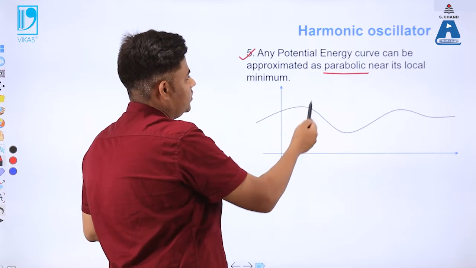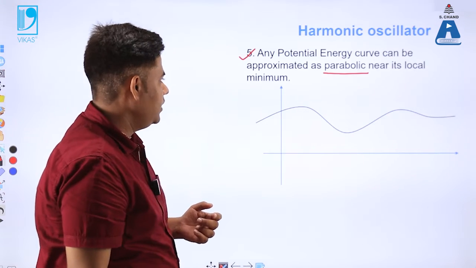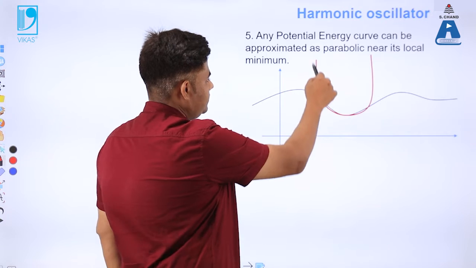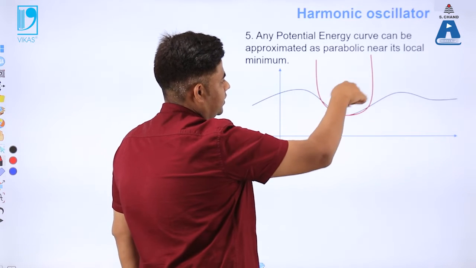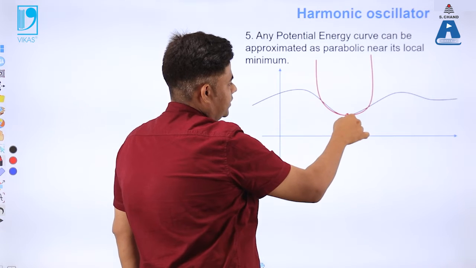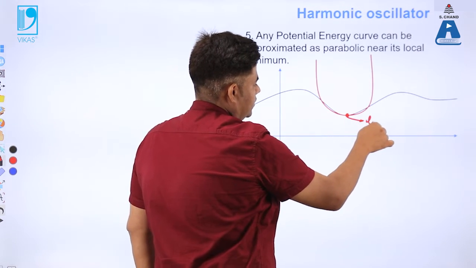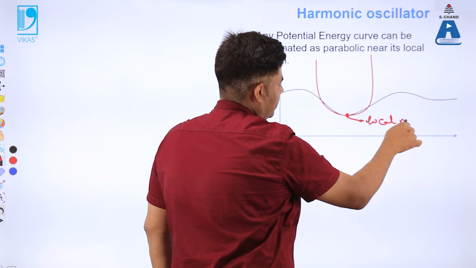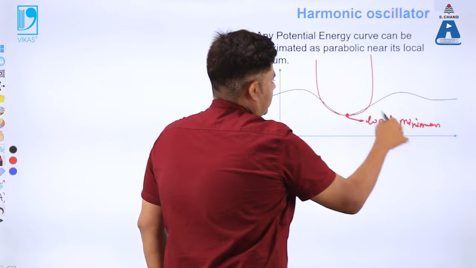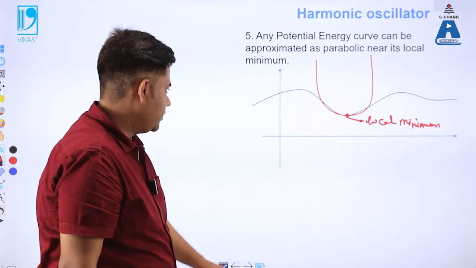I want to find out the potential energy, and that potential energy can be approximated near the local minima of the system. So what is this local minima of the system? If we approximate a curve and after approximation I get this point, that point is called the point of local minima. This local minima point is the point of getting this potential energy from the system.